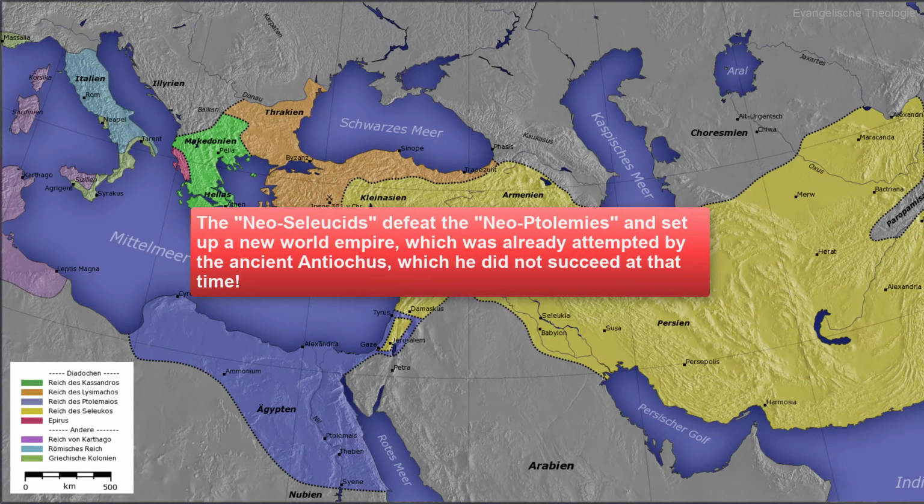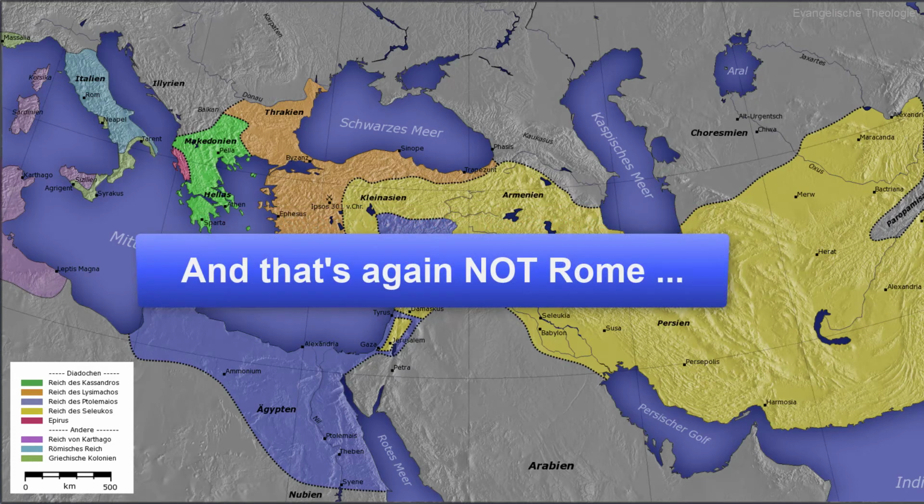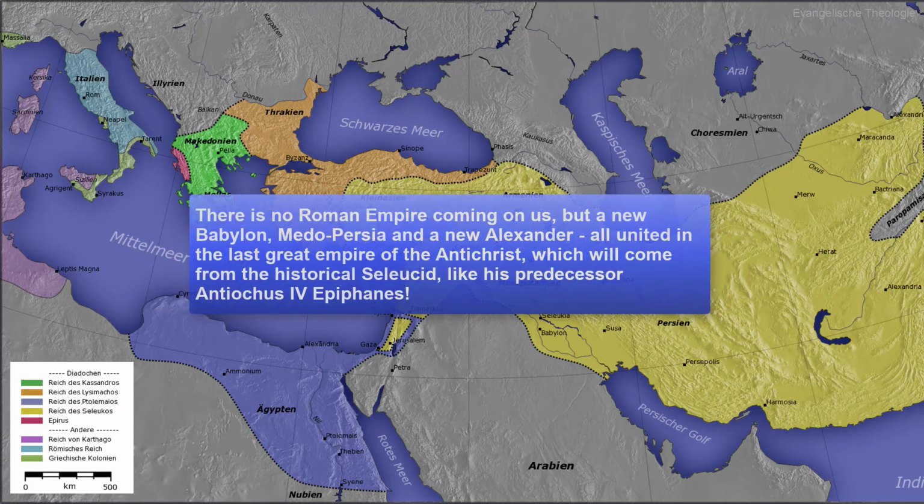This reminds us of statements from the Revelation of John of a beast that was and is not and is about to rise from the bottomless pit and go to destruction. And that is not Rome, but that is the structure that we see here in Daniel 2, Syria and Egypt, or to remain in the biblical context, Seleucids and Ptolemies.